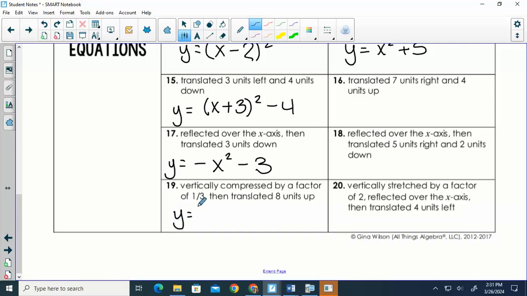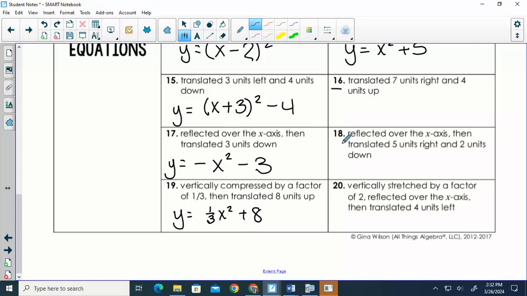Vertically compressed by a factor of 1/3. Whether we're compressing or shrinking, that's just multiplying it by the 1/3. So we have 1/3 x squared, and then it goes up 8, so we would plus 8.